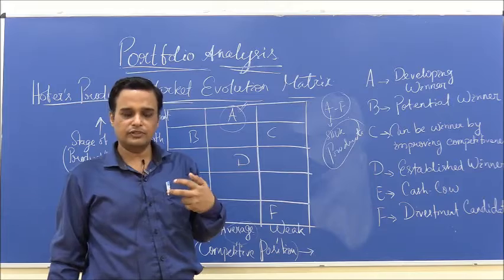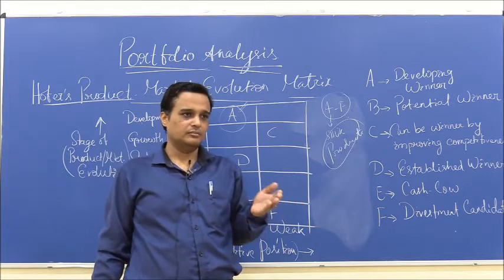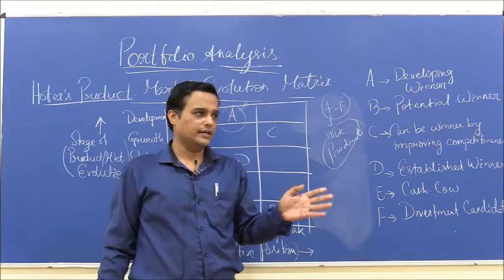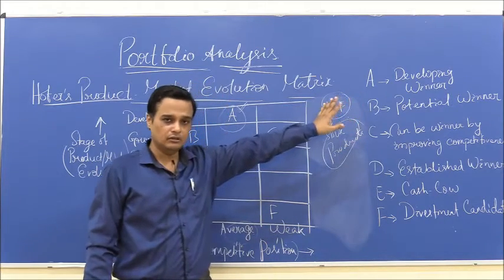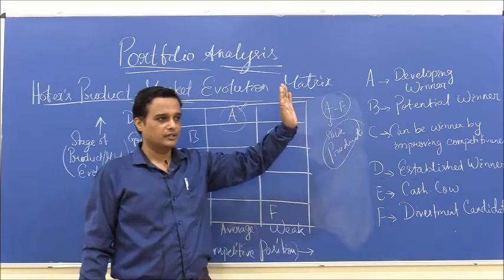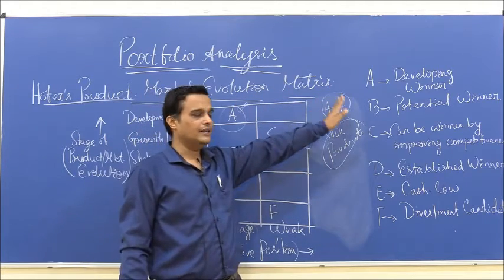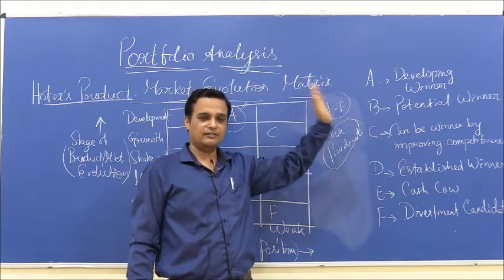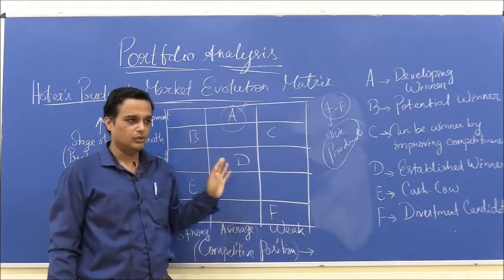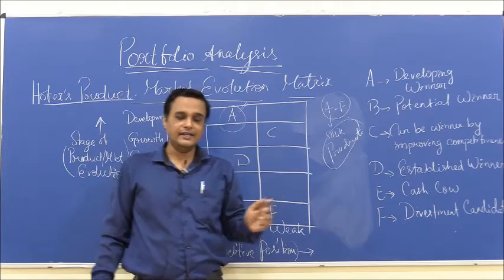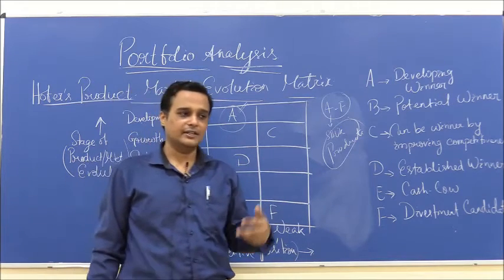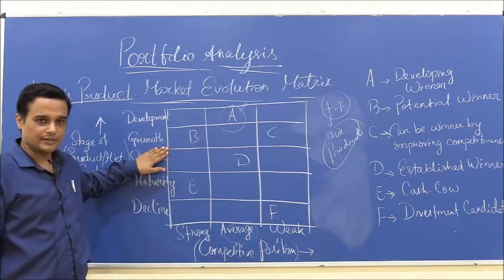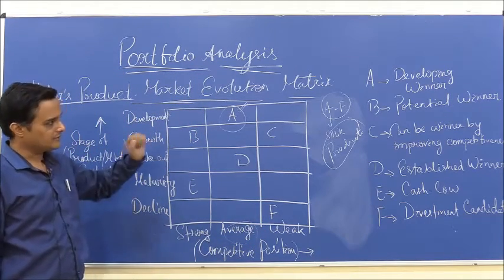With a few exceptions, the market will progress in this direction only. So, it can be expected to be a winner in the near future. The company will try to expand or invest more into developing this brand, this SBU, so that it is ready to capture the market share when the market matures and grows a little more. So, that is about A.